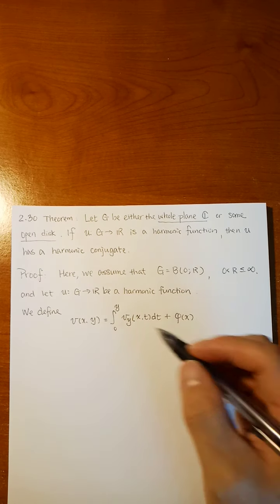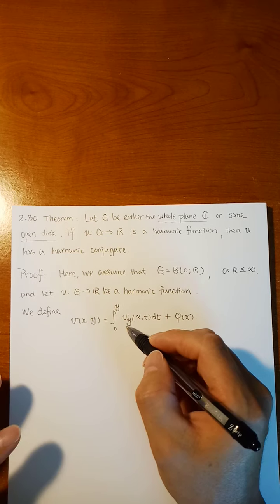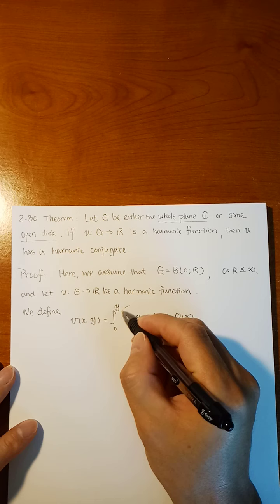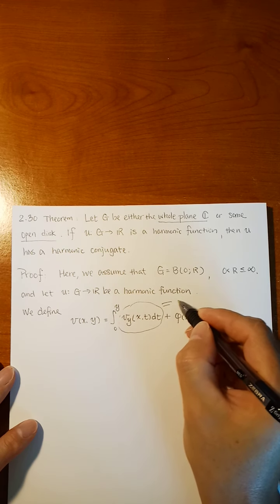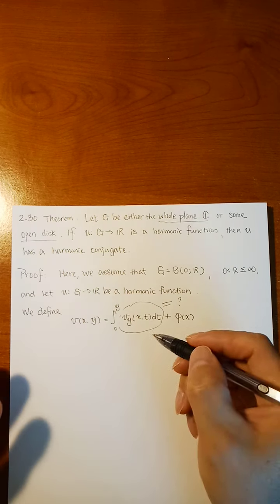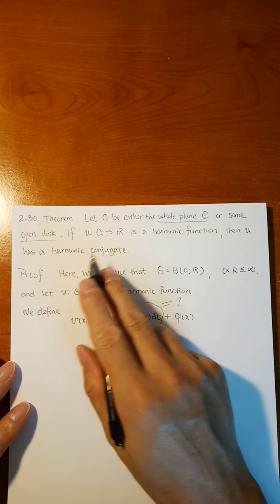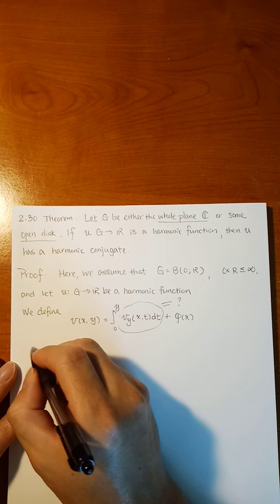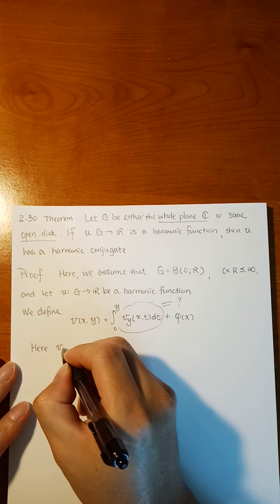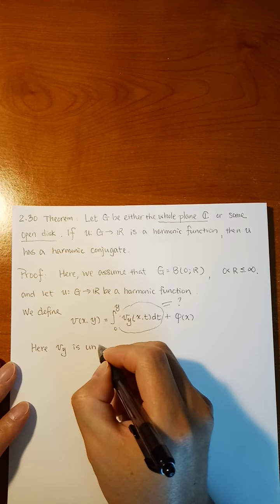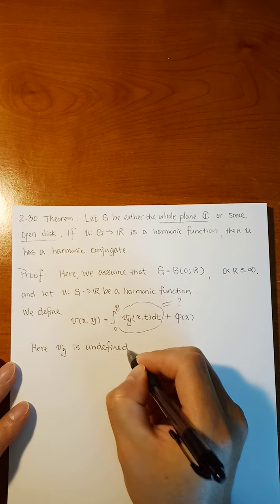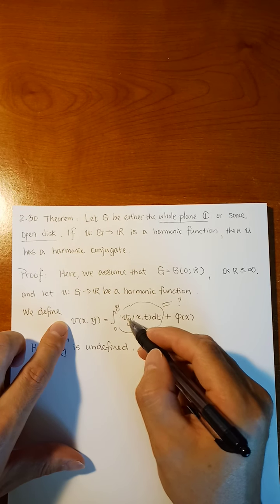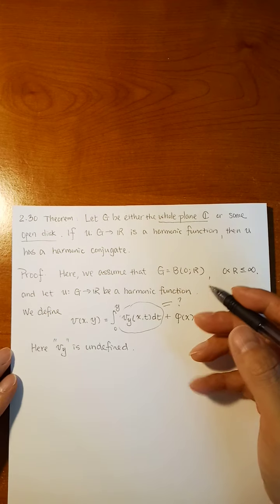But we don't have v in this argument, so this one does not make sense. Eventually we want a harmonic conjugate, which means u, v satisfy the Cauchy-Riemann equations. v_y is undefined. If we had v_y, we would already know v, we wouldn't have to define it.